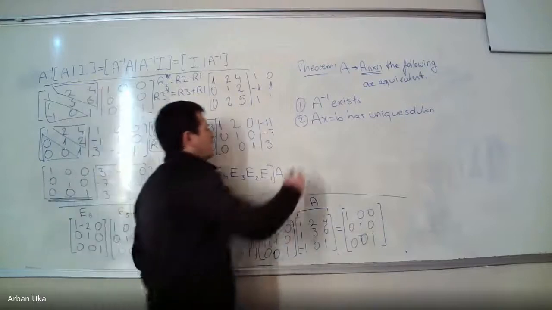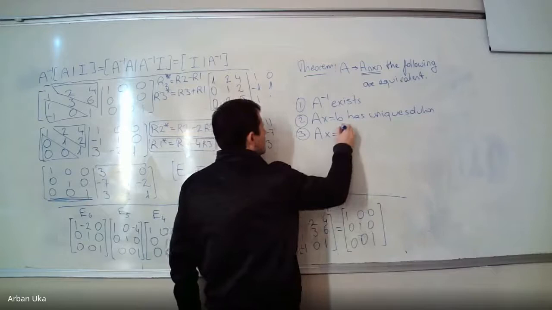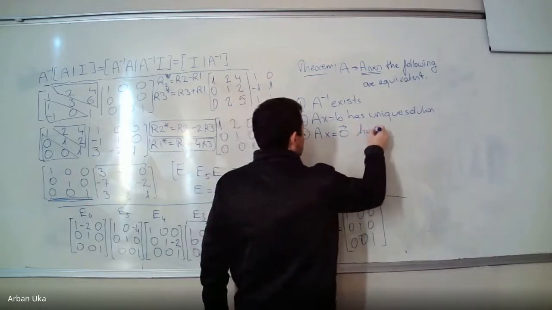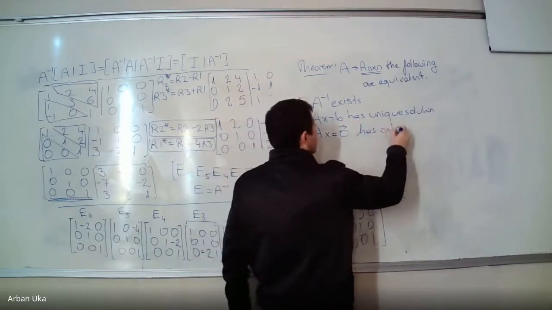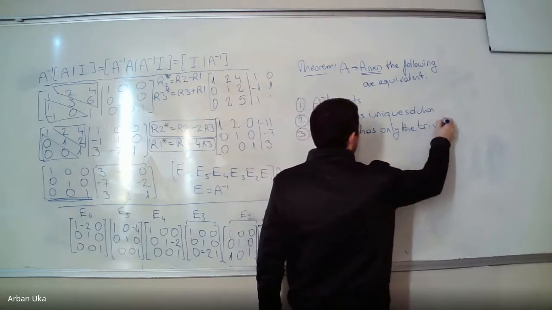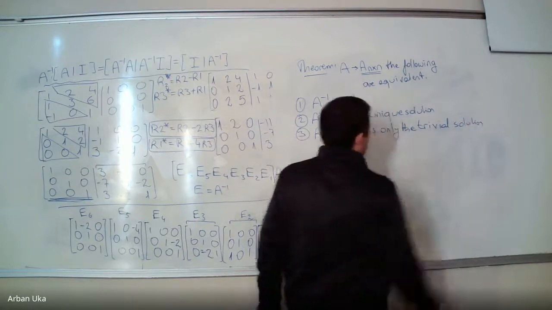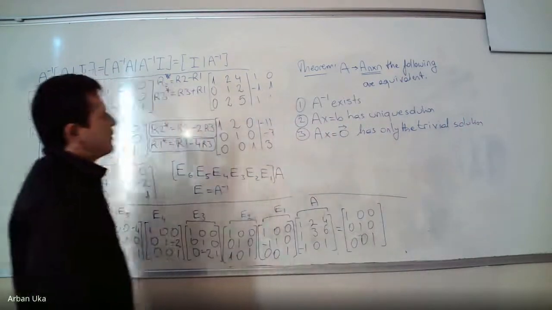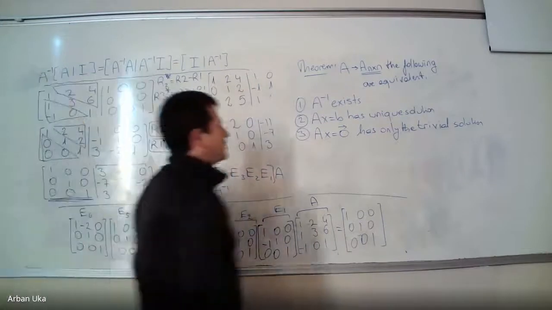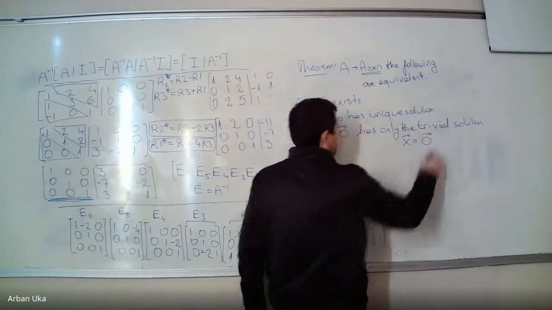And then third, what is equivalent to this is that for AX equal to 0, this system has only the trivial solution. What do we understand by trivial solution? It means that the only solution is when x is equal to 0.